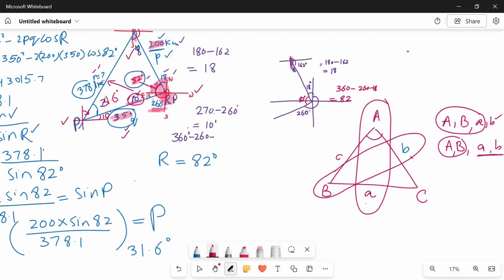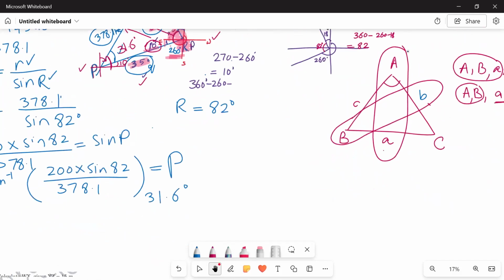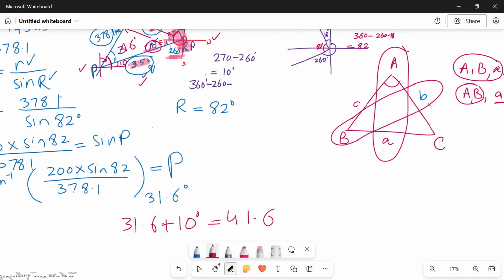So this is 10, then this will also be 10. Then this complete angle will be 31.6 plus 10, which is 41.6.